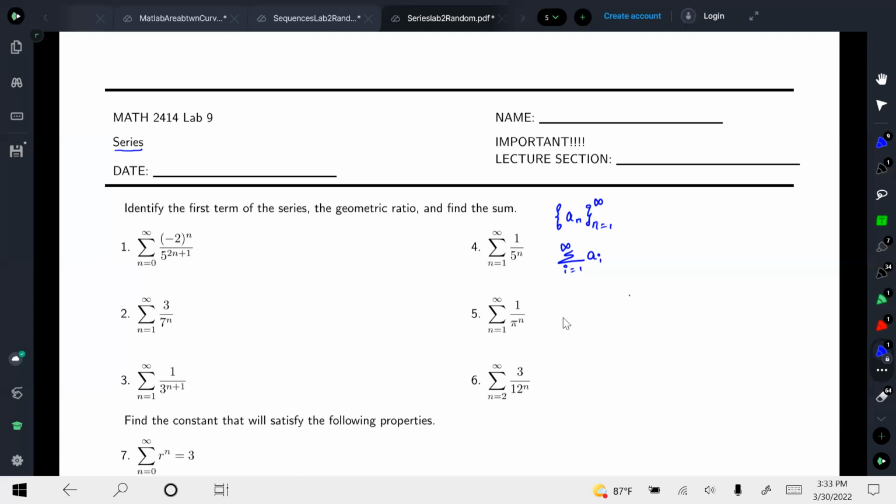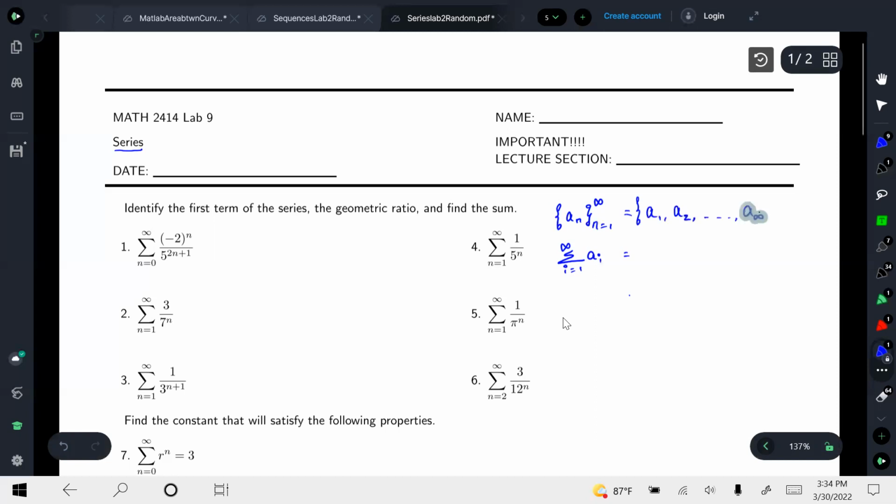Okay, let's expand these two. When I write a sequence inside curly braces, you expand that in this way: a1, comma, a2, because n starts from 1, and so on up to a infinity. It's not like this. It goes on till n equal to infinity.